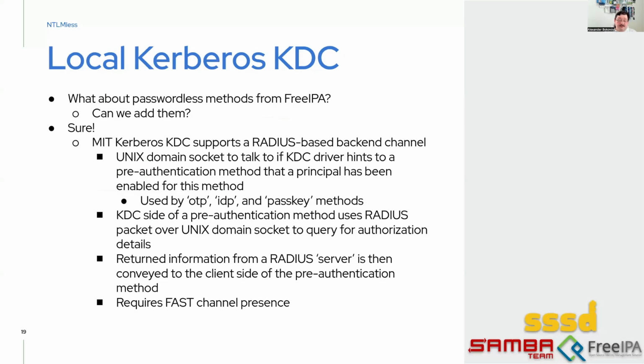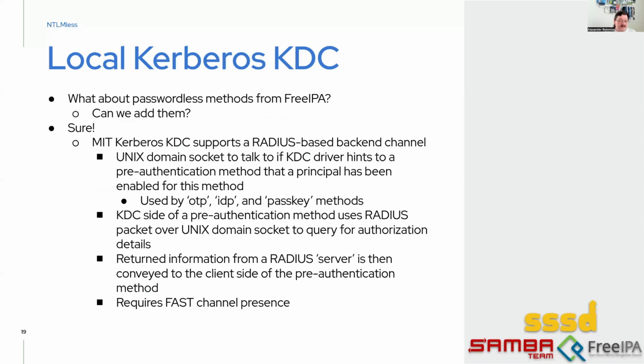So if we have normal pre-authentication methods working, can we add other methods? For example, these passwordless methods from FreeIPA. Yep. And the way, as I said, it's done is that MIT KDC supports the RADIUS backend channel. This is really a KDC talking to a Unix domain socket.